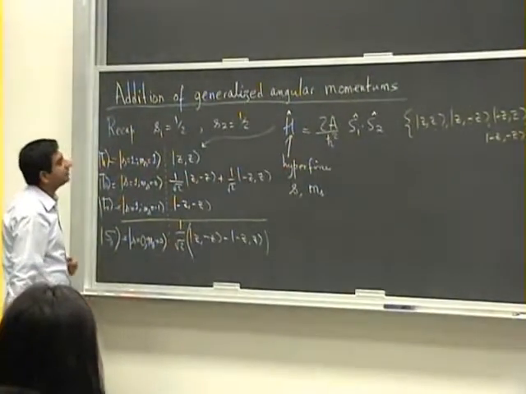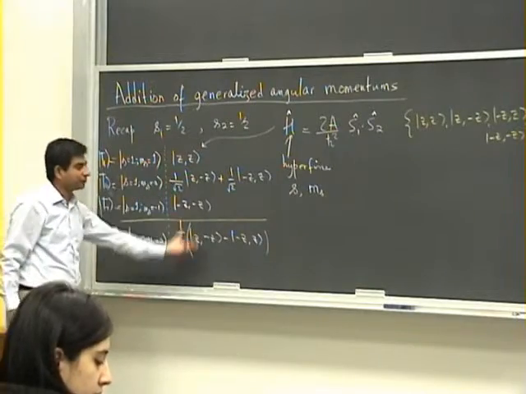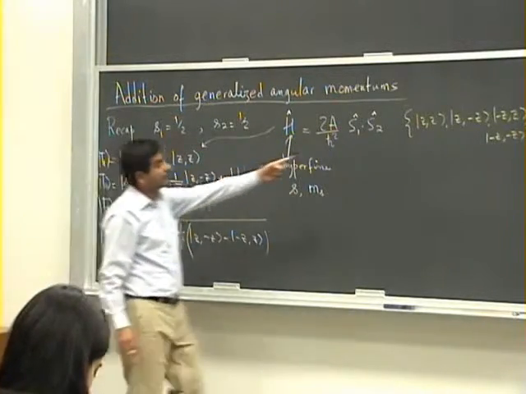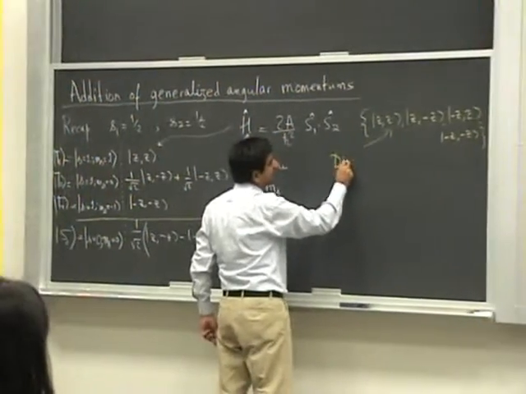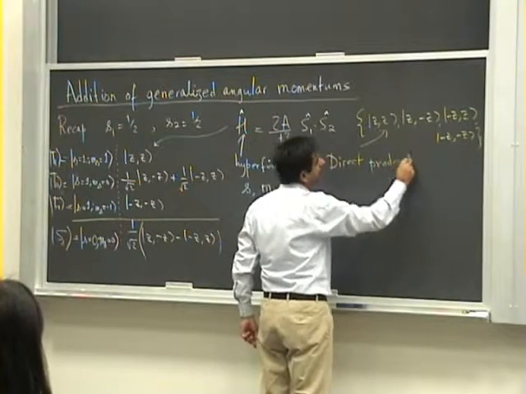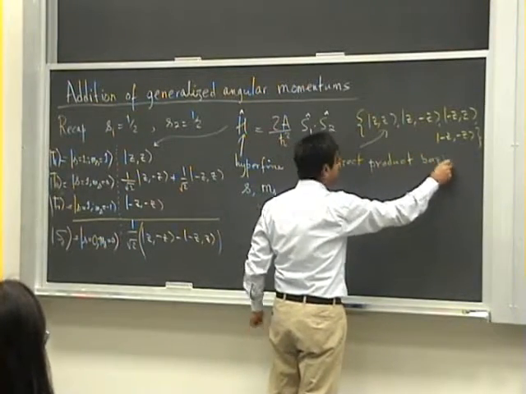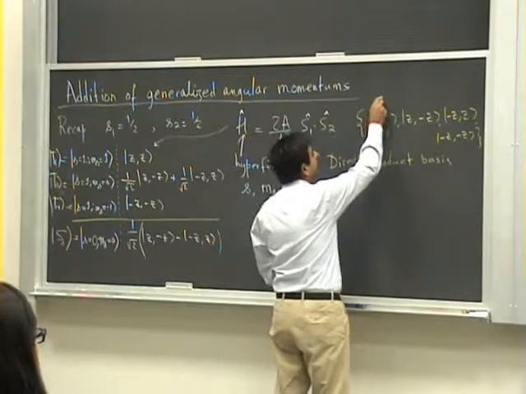Hence, we can choose any basis that we like. One possibility is to choose this basis, which is called the direct product basis. Each of these states actually corresponds to a direct product between Zeeman states.